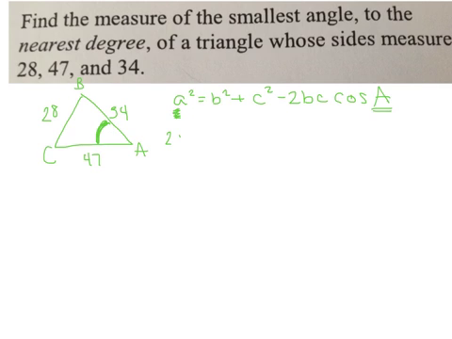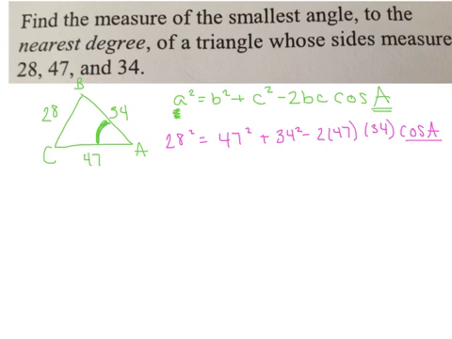So I'd have 28 squared equals B, which would be 47 squared, plus C, which is 34 squared, minus 2 times 47 times 34 times the cosine of angle A, because I don't know that.